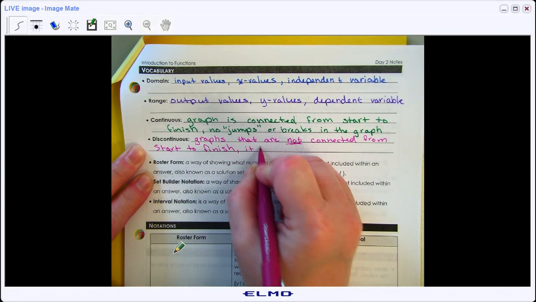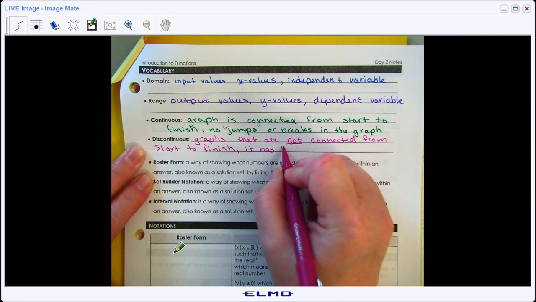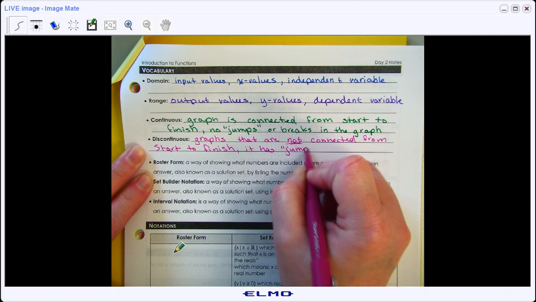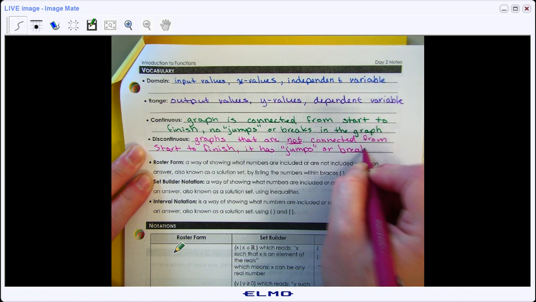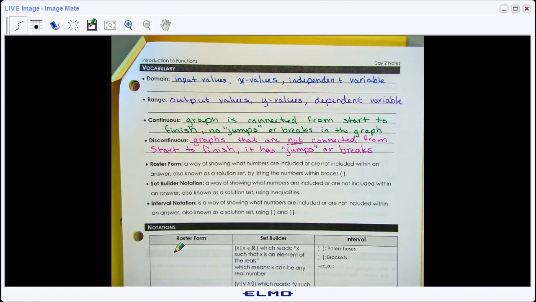It has jumps or breaks. So like if you were just plotting 5 points, that would be discontinuous because you would just have 5 random dots around your graph. That would be a discontinuous graph. We're going to go through a couple of graphs in this unit called step graphs and piecewise graphs. Those are discontinuous because they're not going to be completely connected from start to finish.